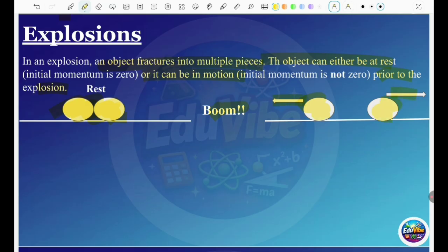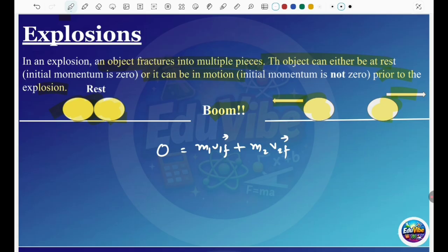So the initial momentum is 0, and we only take the final terms for explosions: m1 v1f plus m2 v2f is equal to 0. The initial can't be used.